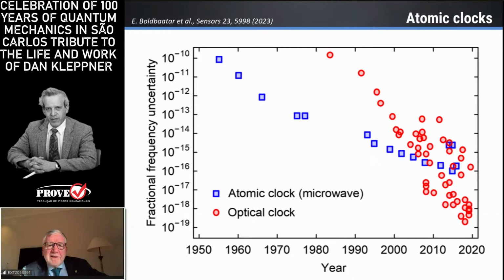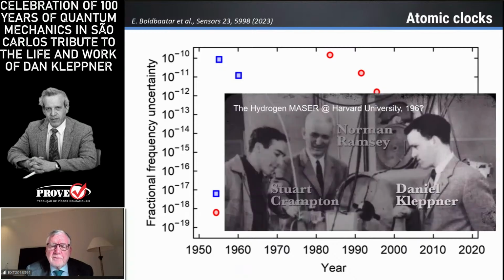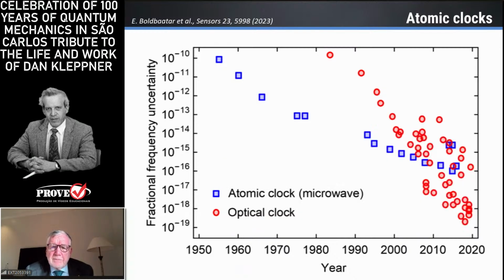But when we decided to use ytterbium also to make a computer, the idea was that since with ytterbium you can do clocks that go at this level, 10 to minus 18, or now even better, it means that they have very small perturbation by the environment, because of the nuclear spin, as I told you before.